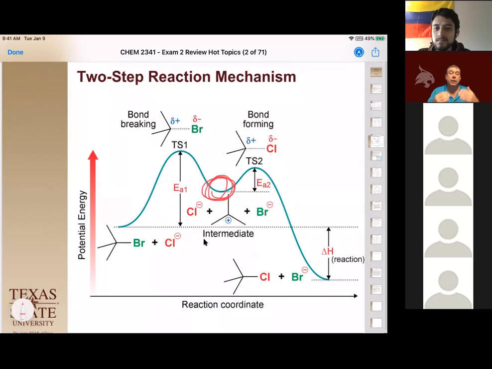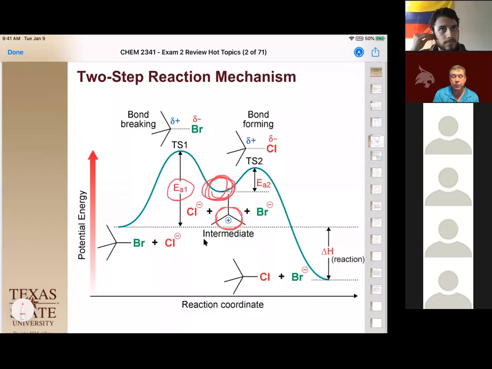So in our E1 reaction and our Sn1 reactions, we form a carbocation as our intermediate. Now, we still have our activation energy to form that, which is breaking that bond. We have to add enough energy to break a polarized bond. And then we want to see that this intermediate is as stable as possible. Okay, so we're going to talk about carbocation stability a little bit.